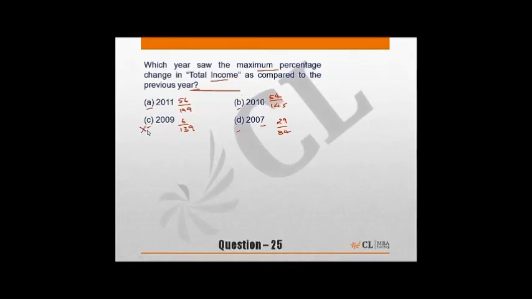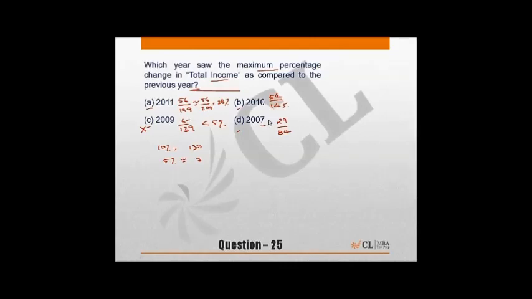Choice C is incorrect because this is less than 5%. 10% of 139 is equal to 13.9, which means 5% will be approximately equal to 7. This number is 6, so it is less than 5%, and all the other numbers we can see will be significantly greater. 56 upon 199 can approximately be written as 56 upon 200, which is equal to 28%.